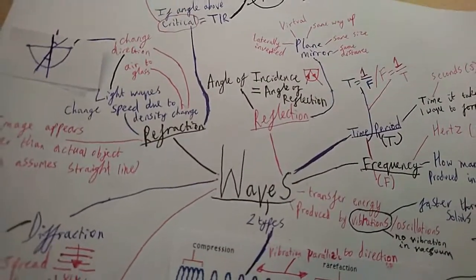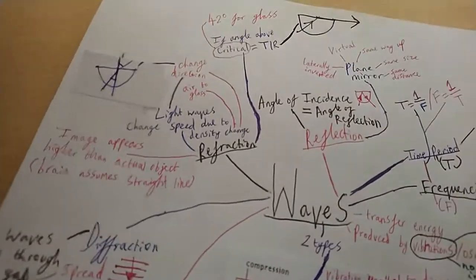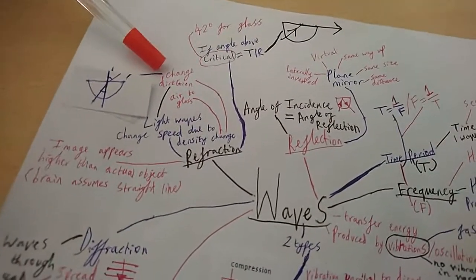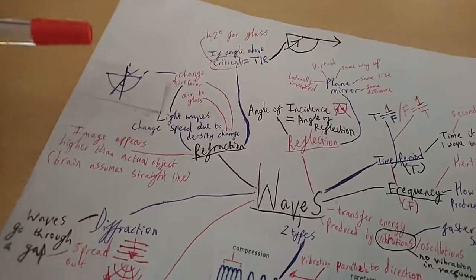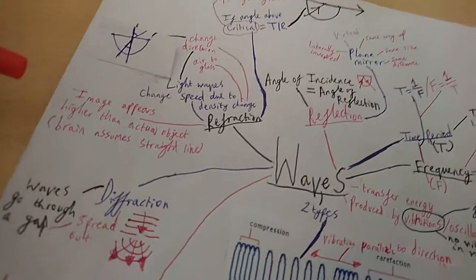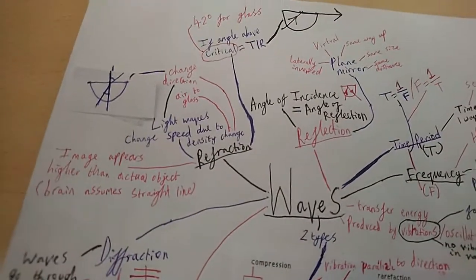So let's go on to refraction. Refraction is where a light wave changes direction as it goes from the air to the glass. This is as light waves change speed due to the density change, as the glass is a lot denser than the air it's come from. So this leads to the image appearing higher than the actual object is.